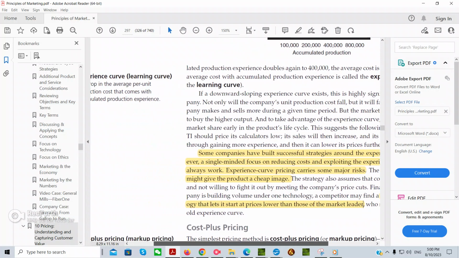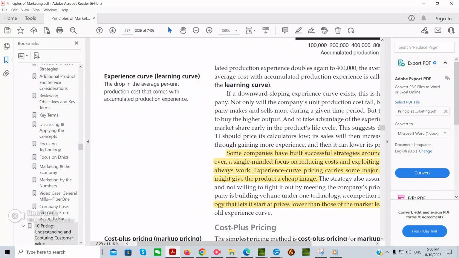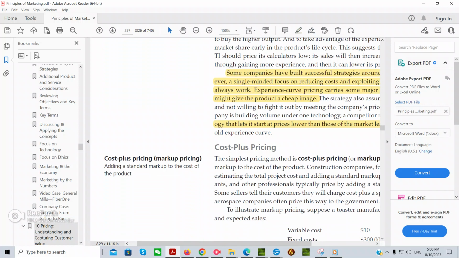The reason they do that is only on certain items, just to get people in the store. Okay. Now remember, just as a reminder, the experience curve, otherwise known as a learning curve, is a drop in the average per unit production cost that comes with accumulated production experience.